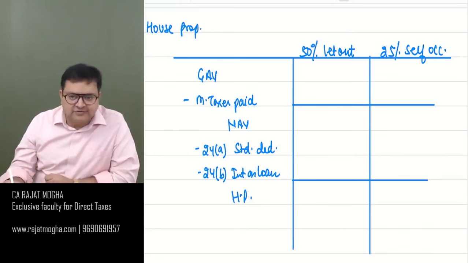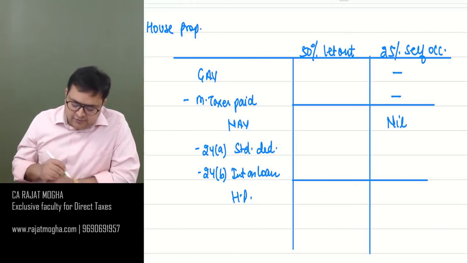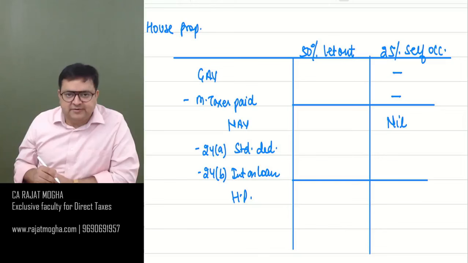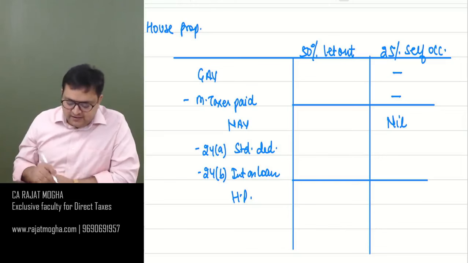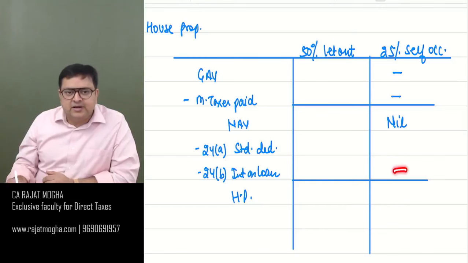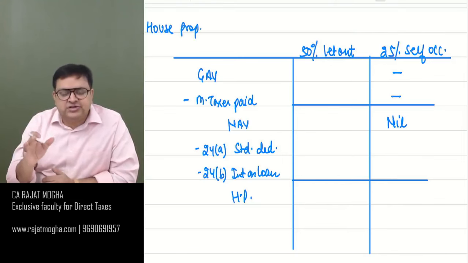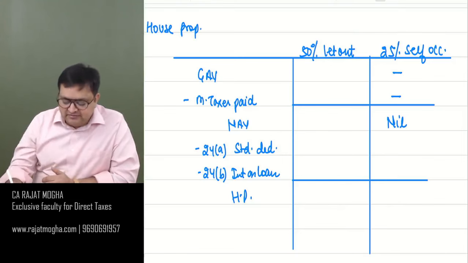Now the GAV for the let out property. Let us do self-occupied first. For self-occupied, we start with NAV, NAV nil. We don't take GAV or municipal taxes for self-occupied. If this would have been default regime, I would have taken nil, nil, nil, nil. No interest on loan is allowed in default regime. But in optional, it is allowed. If you have taken a loan for construction or purchase, the maximum limit is 2 lakh rupees, in self-occupied.